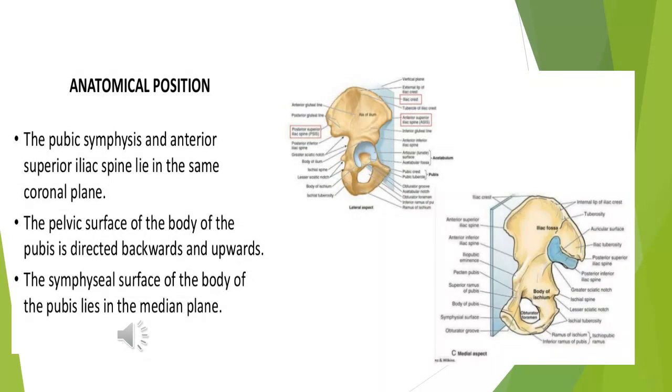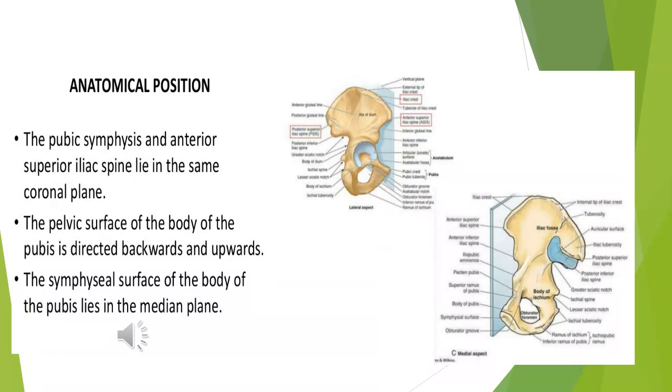And the pelvic surface of the body of the pubis is directed upward and backward. It should not be vertical. Then the symphysial surface of the body of the pubis, or the medial surface of the body of the pubis, also lies in the median plane.